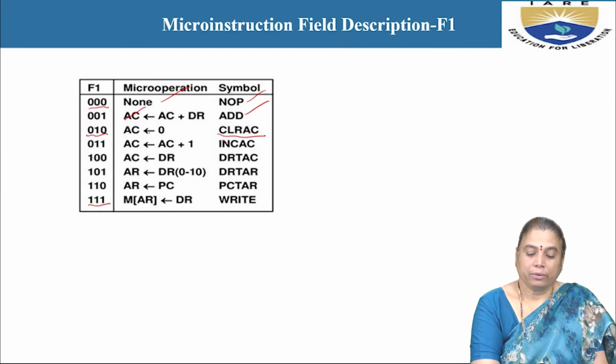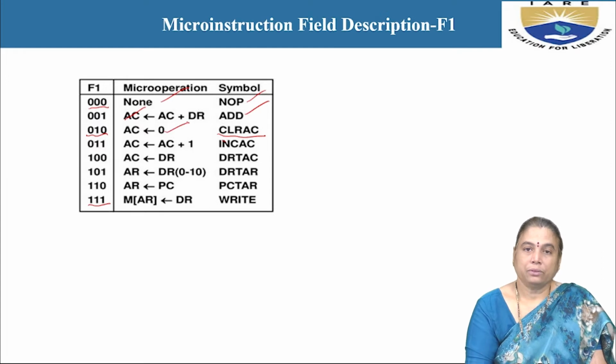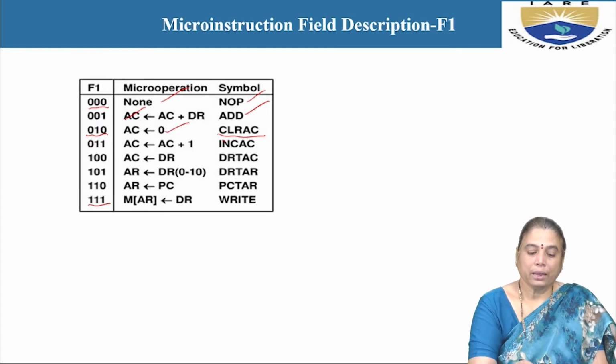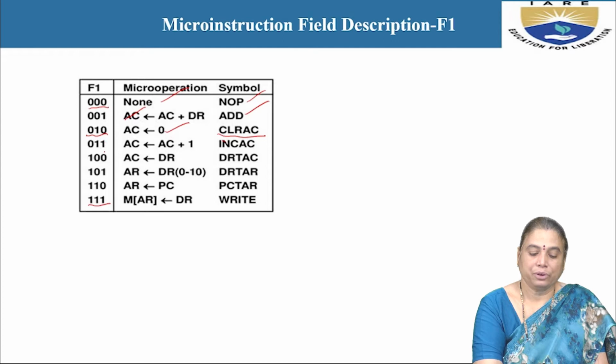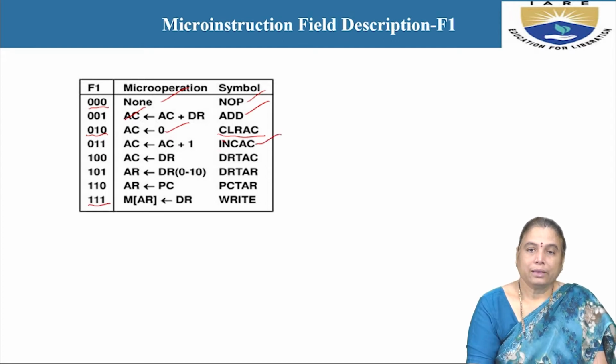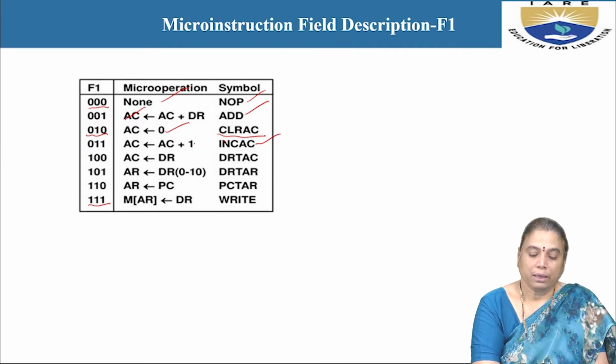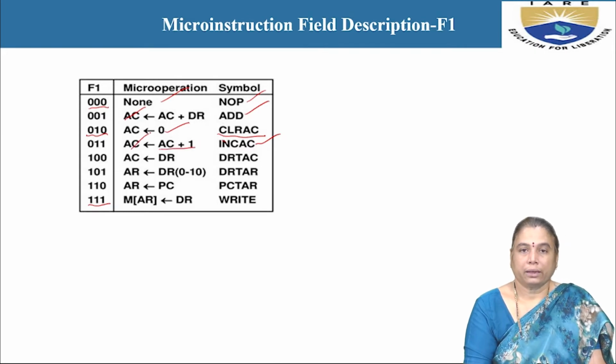AC is initialized with the 0 value. In case F1 consists of 011, it is INC AC, that is, increment accumulator. The accumulator value is incremented by 1 and the result is stored in the accumulator.